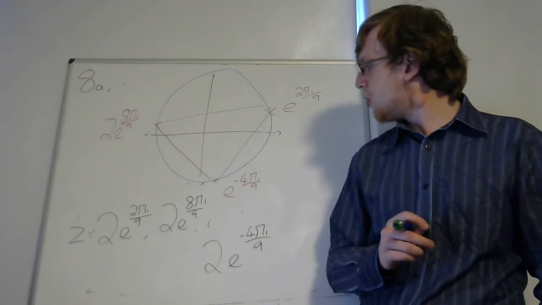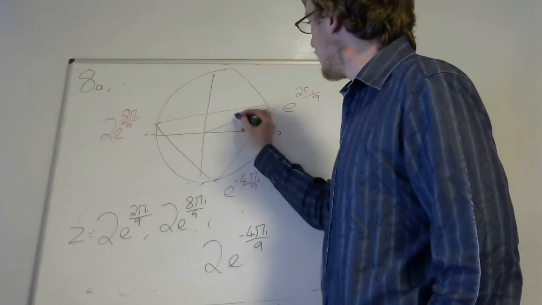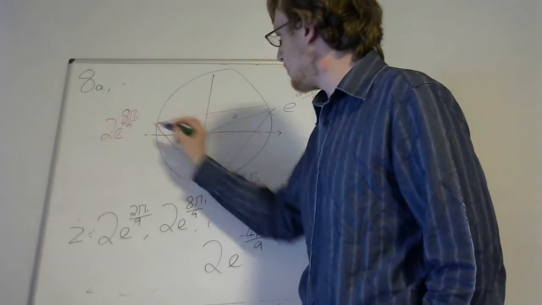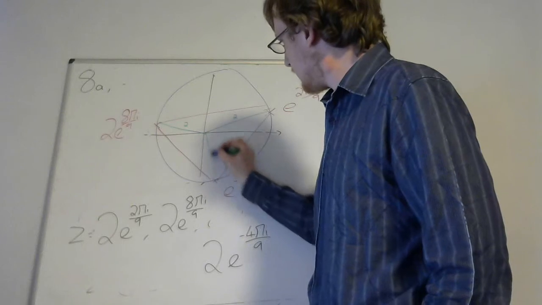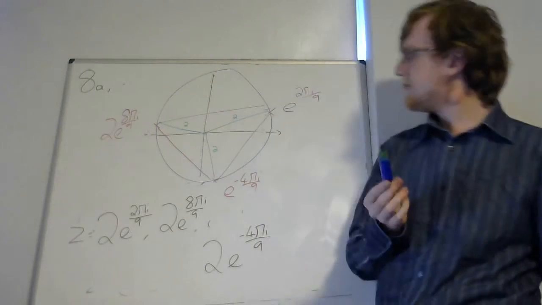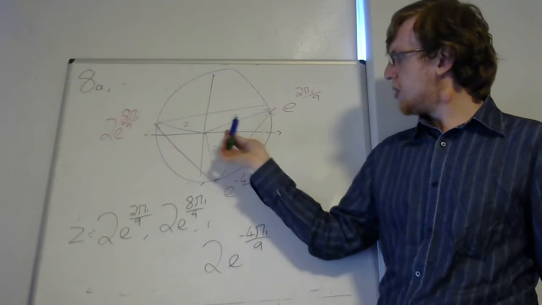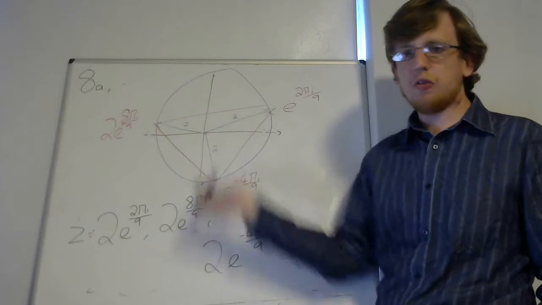So I can also draw on the radius here. So the radius we know is always 2. So we've got radius of 2, radius of 2, radius of 2.